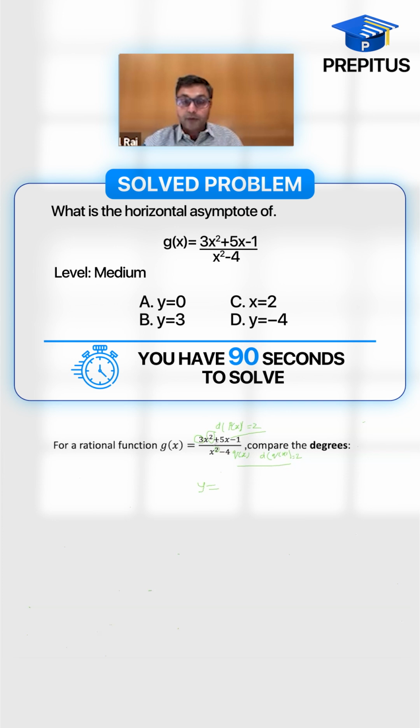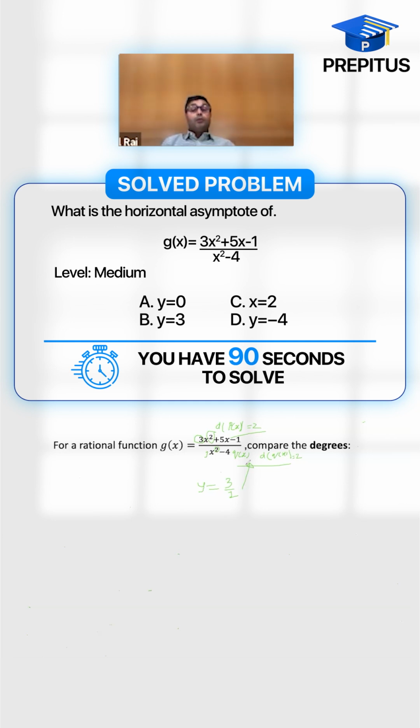In the denominator, this is the highest degree, but the coefficient associated with it is 1. So we simply take the ratio of the coefficients, and that gives us the horizontal asymptote for this specific case, when the degrees of the polynomials in the numerator and the denominator of the rational function are the same.